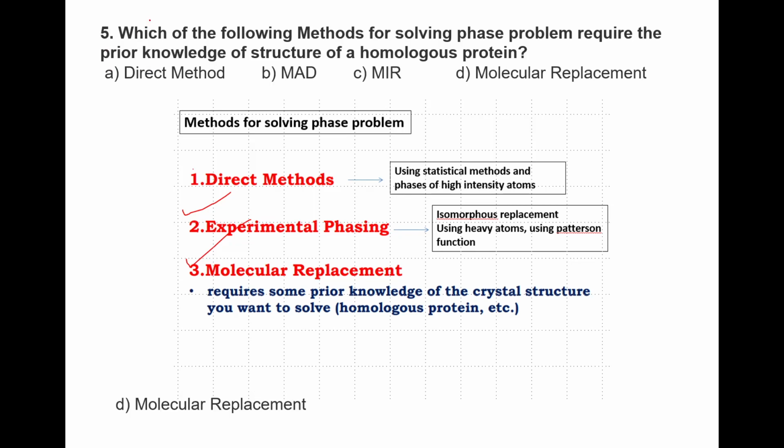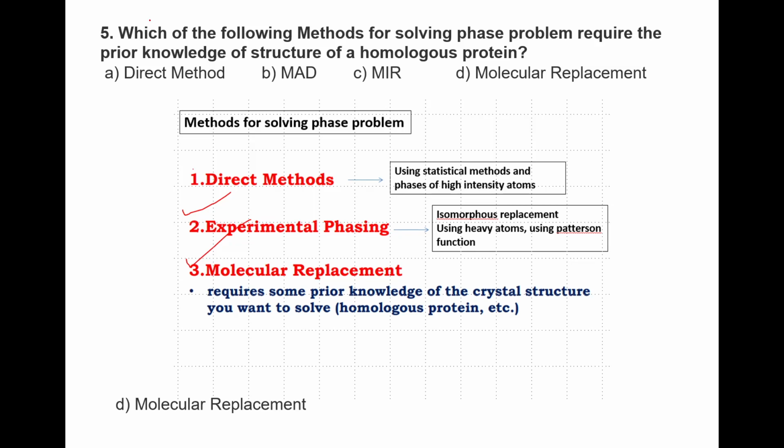Which of the following methods for solving the phase problem requires prior knowledge of the structure of a homologous protein? The direct method does not require that. MAD is multiple anomalous dispersion. MIR is multiple isomorphous replacement.